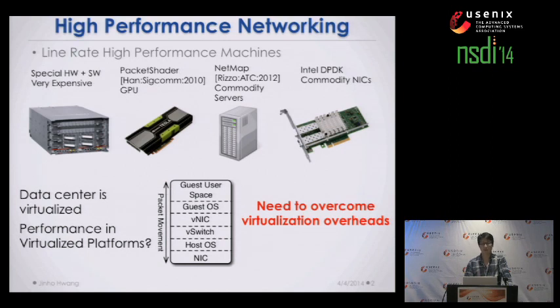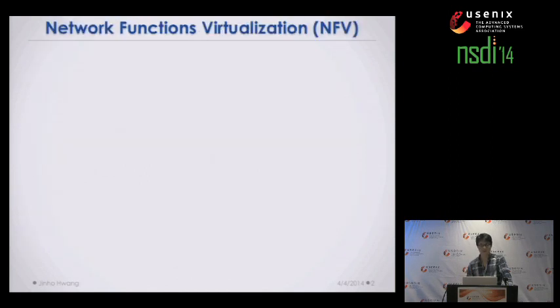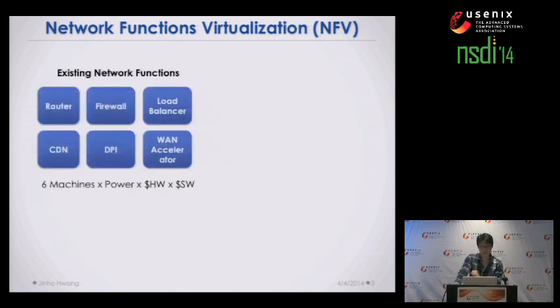With this, people came up with ideas for how to deploy these functions. There is a fancy name called network functions virtualization. To compare, we have existing network functions like a router, firewall, load balancer, a CDN, a content delivery network, deep packet inspection, and a WAN accelerator.